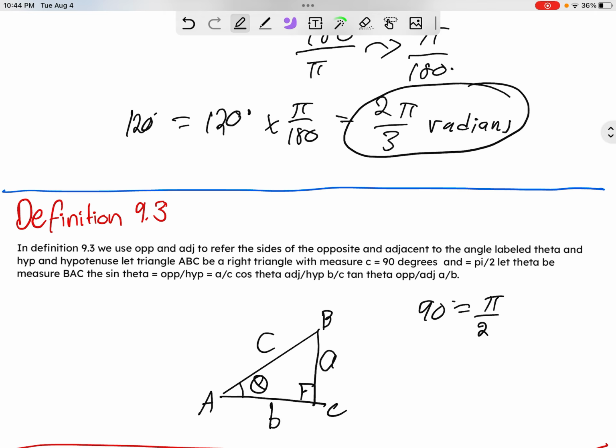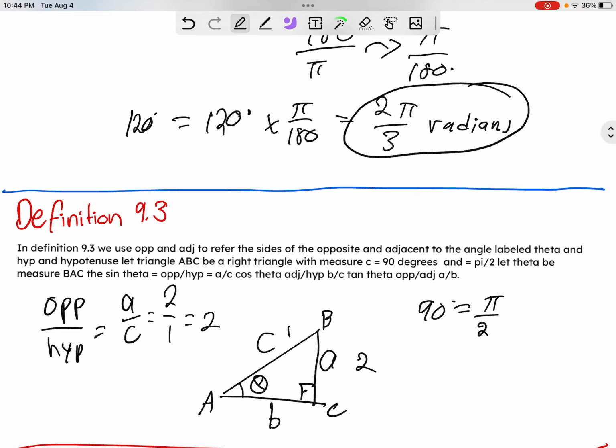So sine theta is opposite side over hypotenuse, which is A over C. You could say this is 2 and this is 1, so 2 over 1 means 2.